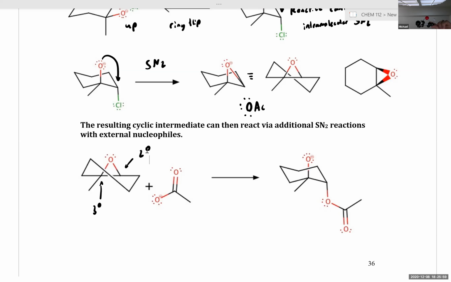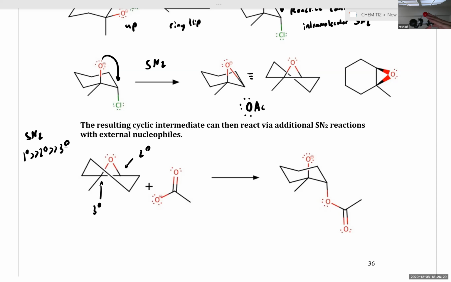In general, the SN2 reaction is very sensitive to the substitution of the carbon containing your leaving group. We discussed previously that for an SN2 reaction, primary substituents react way faster than secondary, which react way faster than tertiary. So with that pattern of reactivity in mind, would we attack at the tertiary or the secondary carbon?